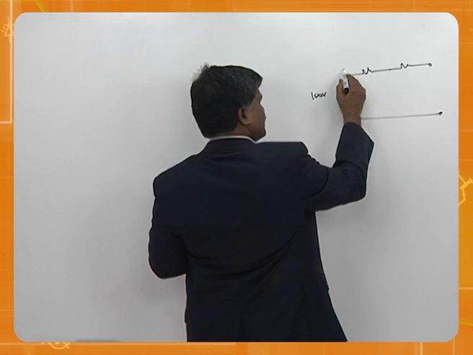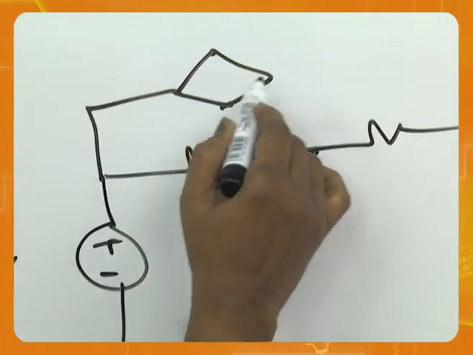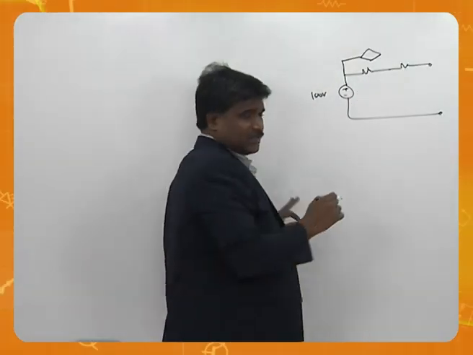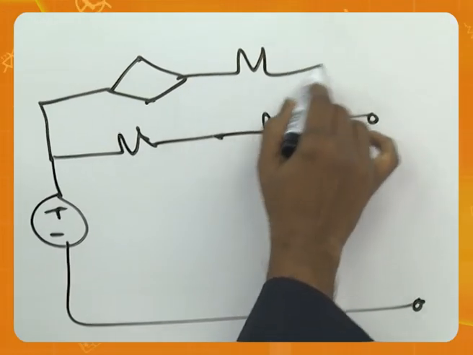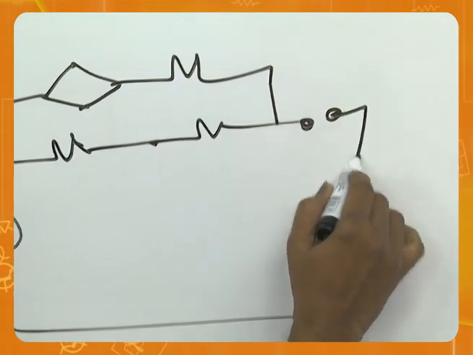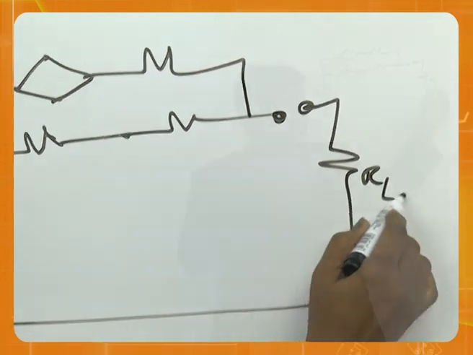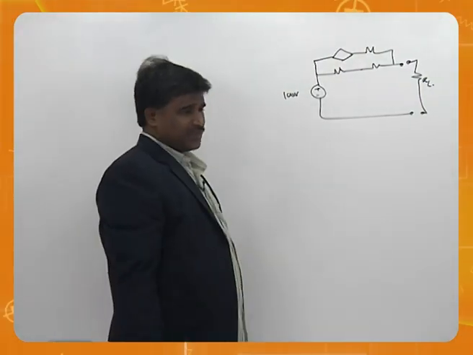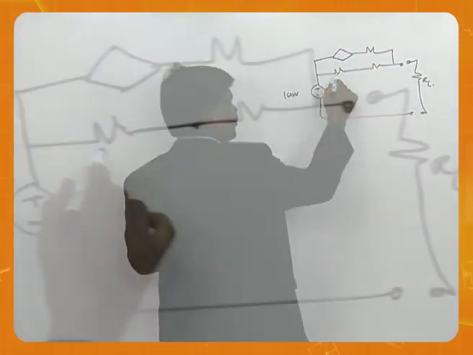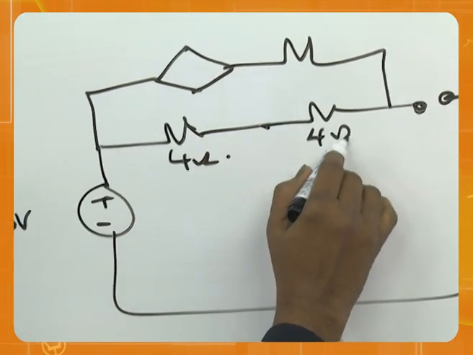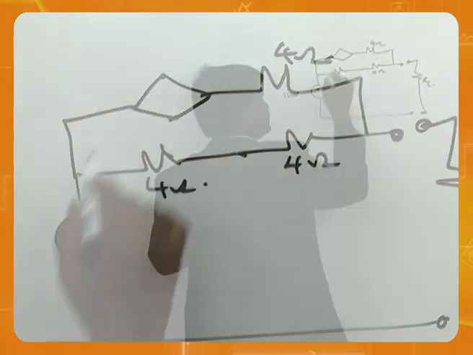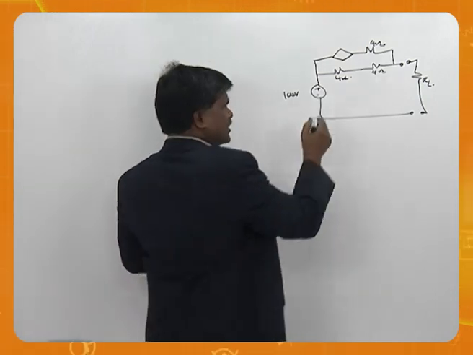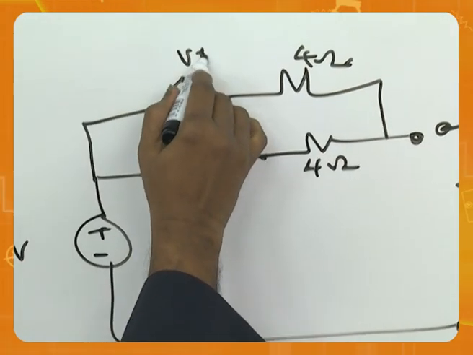Then he has given a dependent voltage source here, and then all 4 ohms. This is RL, and this is 4 ohms, 4 ohms, 4 ohms. The dependent source is given as minus plus Vx.